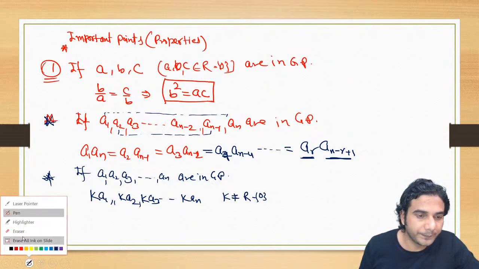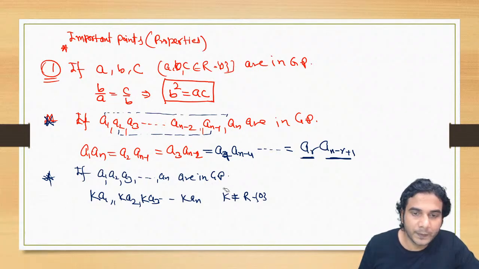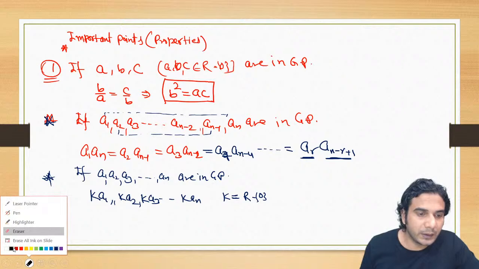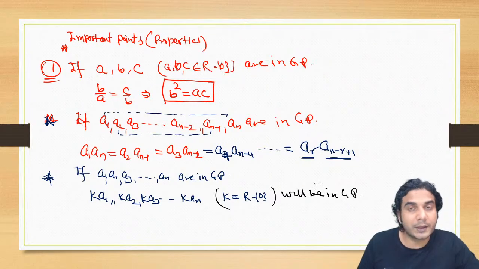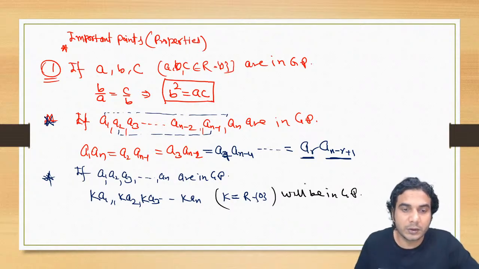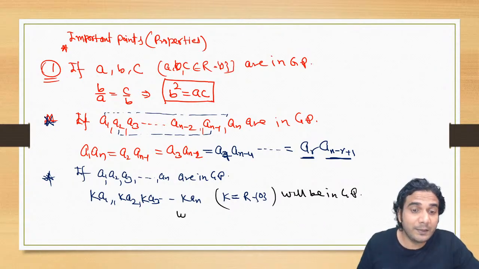That's a better way. Any real number except 0. Then these numbers will also be in GP. That means if you multiply a constant to all the terms of a geometric progression, then the new progression you get is also a GP with same common ratio.